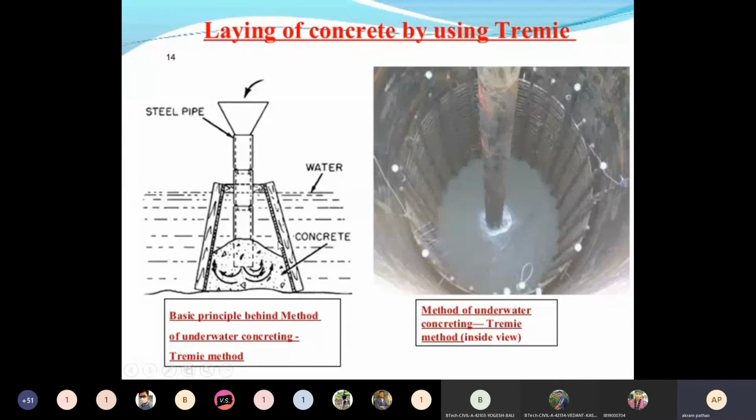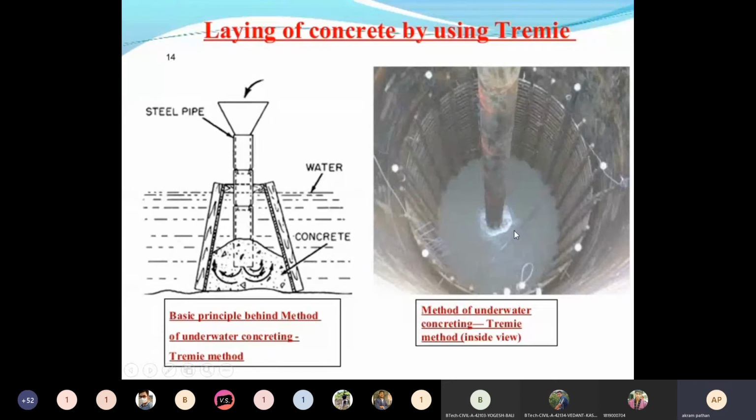The top end is open and the bottom end is closed with a plug or thick polyethylene to prevent the entry of water into the pipe. The pipe is lowered to the bottom bed level of the river.